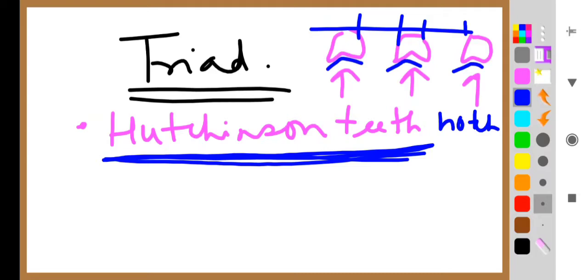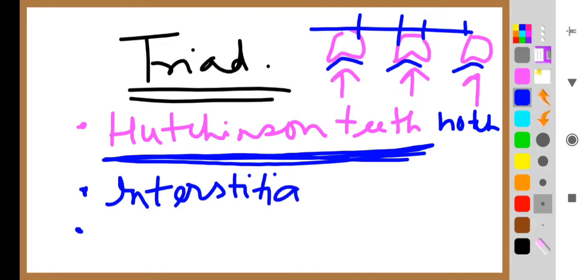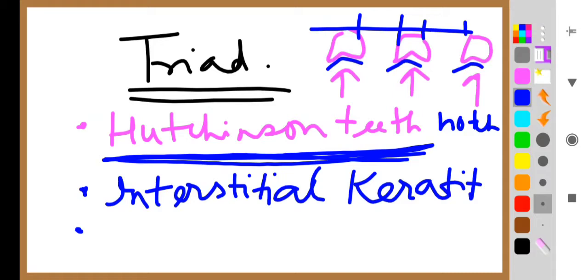Hutchinson teeth is usually presented as a triad of other two symptoms. So what are the other two for the triad of Hutchinson teeth? Hutchinson teeth, interstitial keratitis, and the last one is deafness.